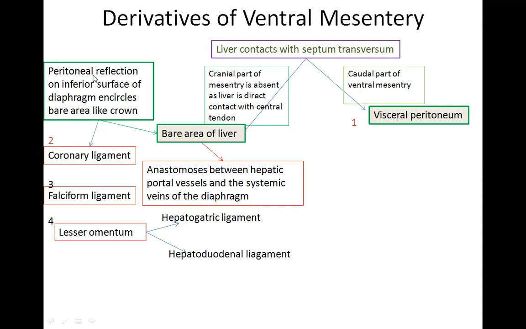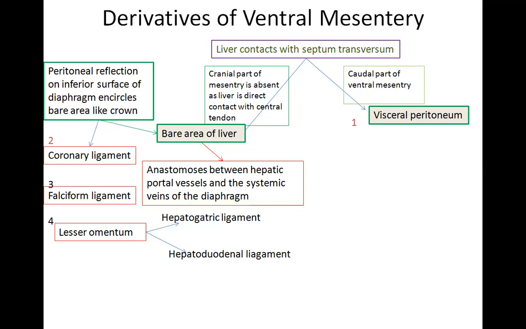Now, what happens? The peritoneal reflection on the inferior surface of the diaphragm, it encircles the bare area like a crown. So that is why these ligaments, which are surrounding the bare area of the liver, they will form the coronary ligament. Then the falciform ligament, as you all know, it is the third derivative of the ventral mesentery, because of the formation of the liver in the ventral mesentery.